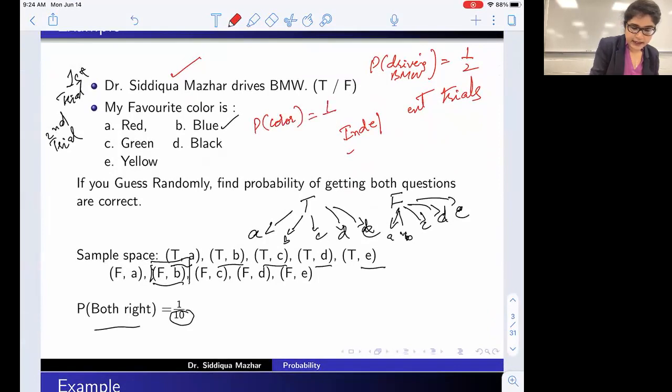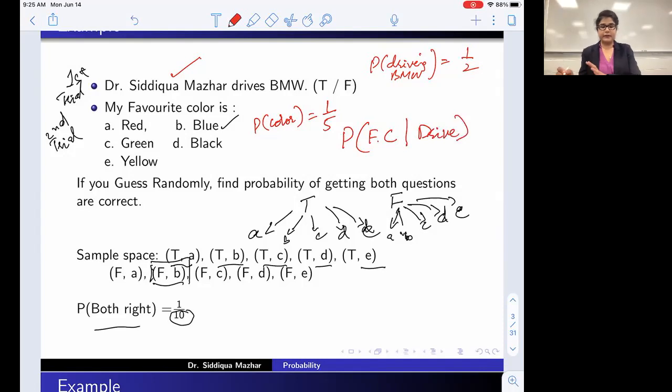This is 1/5, right? So if I am going to look at these two experiments together, like doing the second experiment after the other, what is the probability of finding my favorite color, given what I drive?